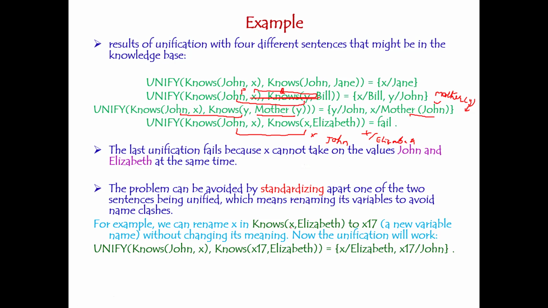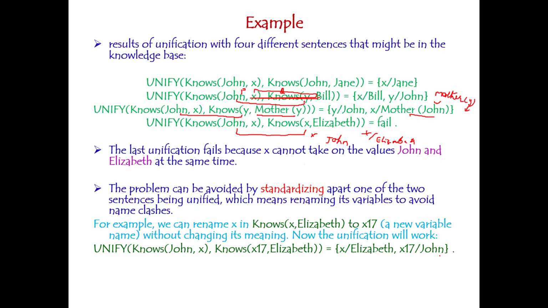In this sentence, I can replace this X with X17 to make it a new variable name, and the other one I can keep as X itself. So now the sentences will become like this: Knows(John, X) and Knows(X17, Elizabeth). So now these two are different variables. So now I can take the substitution for X as Elizabeth and the substitution for X17 as John.